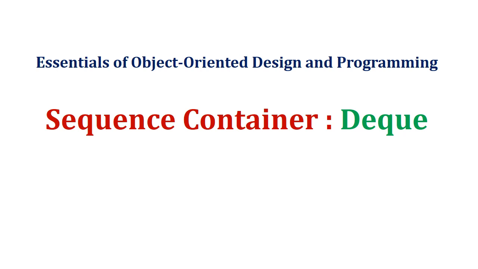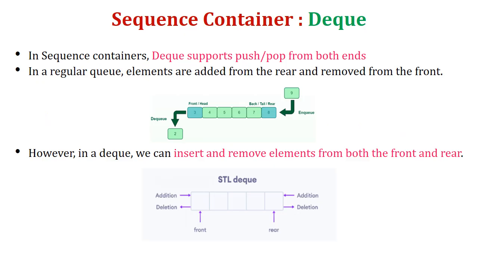In this presentation, we are going to discuss the deque concept, which belongs to the sequential container. In a sequential container, the deque supports push and pop operations from both ends. In a regular queue, the element is added at the rear end and then removed at the front end.